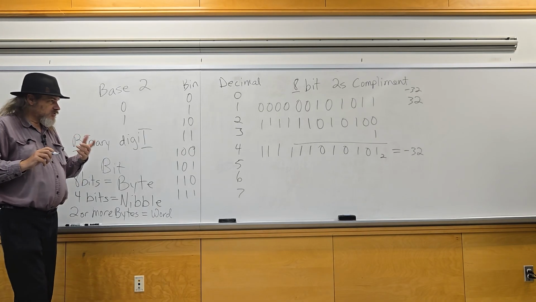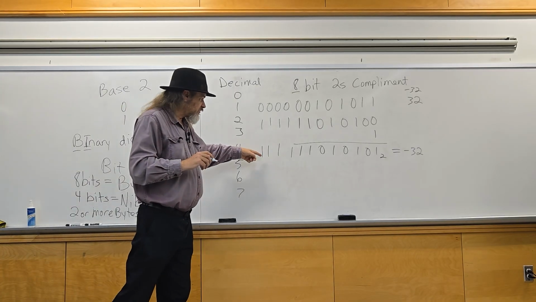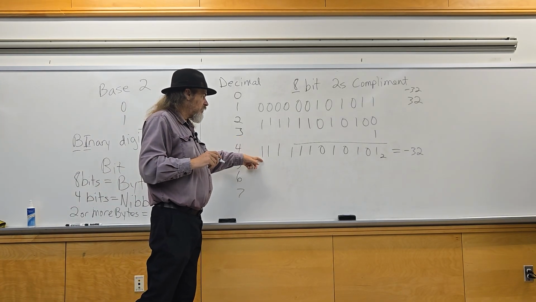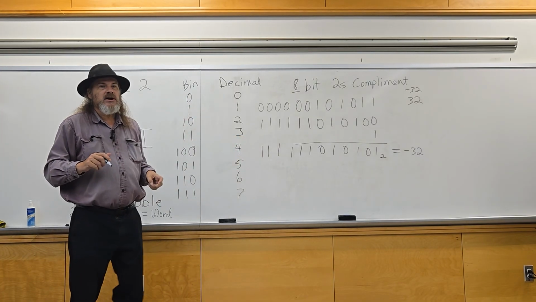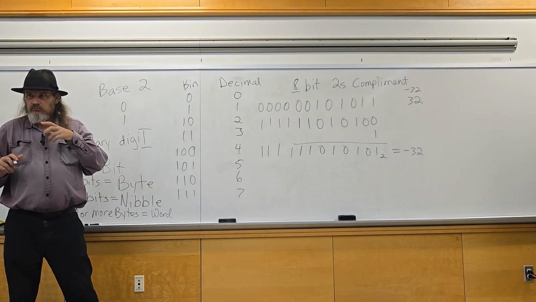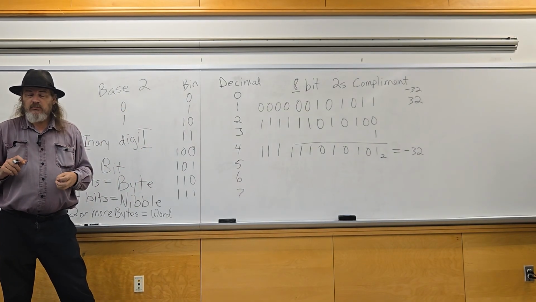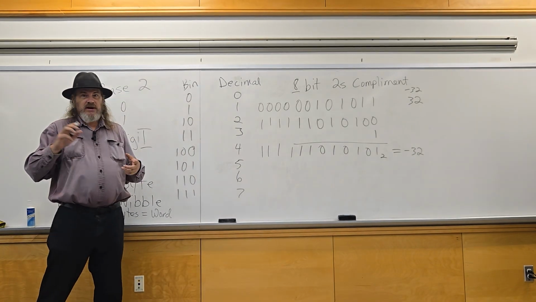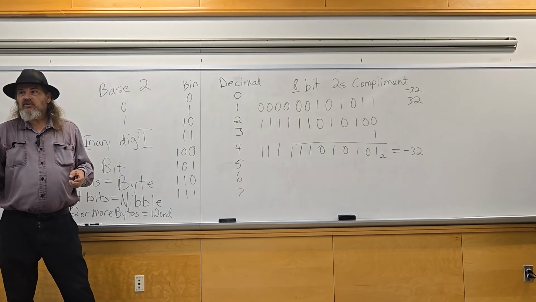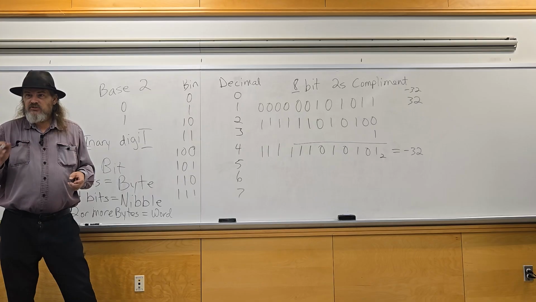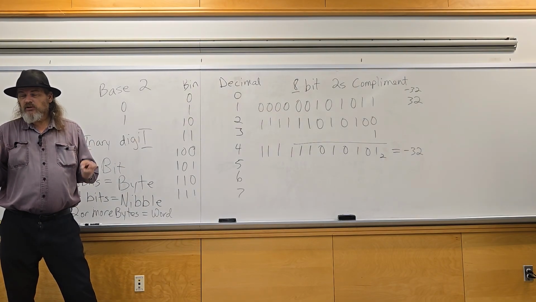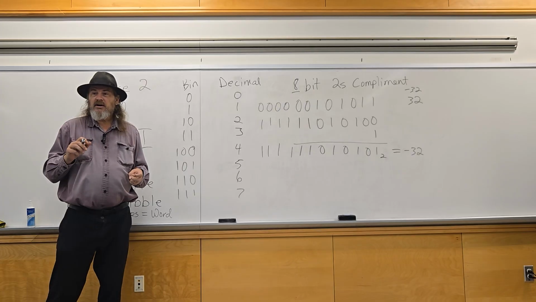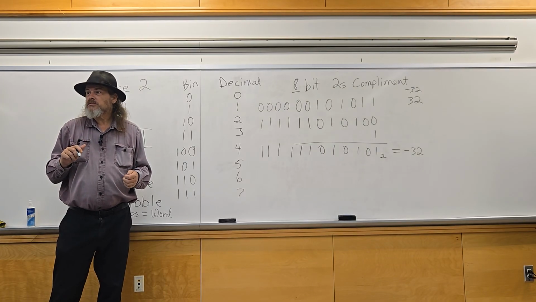And then you can use these numbers and add them to a positive number or another negative number and perform subtraction, because that's all a computer can do really is addition, and they have special circuitry for multiplication, but pretty much it's just addition.